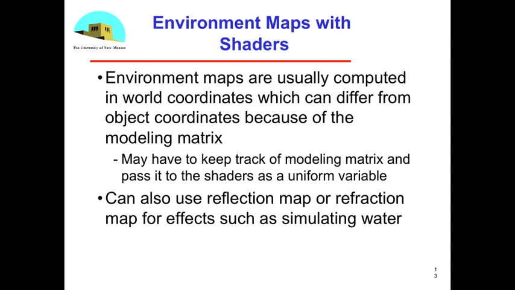If you're doing instancing and you're bringing instances into the world environment, you have a matrix that converts you from the definition of the objects in their own systems in the modeling frame and converts that into their positions in world coordinates. So often you have to be a little bit careful of that and maybe pass a modeling matrix onto the shaders. But I think there are some examples of that you can find fairly easily.